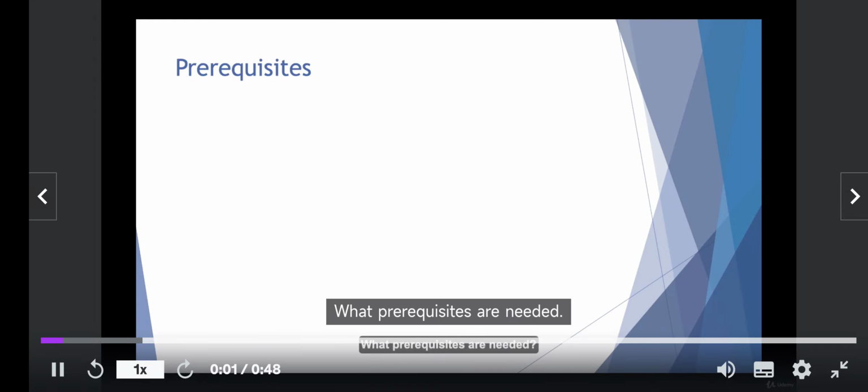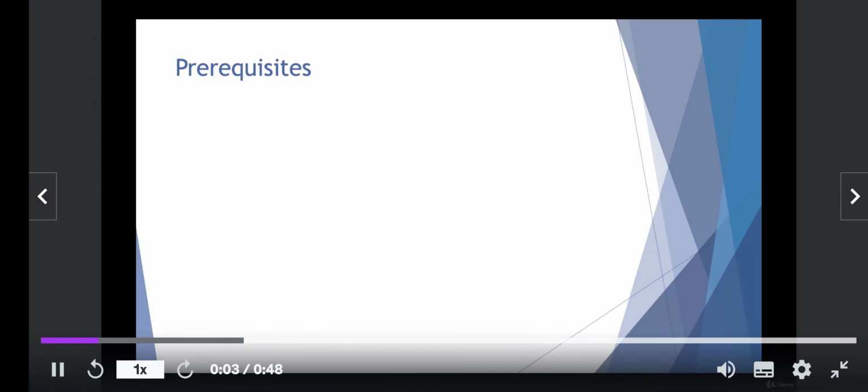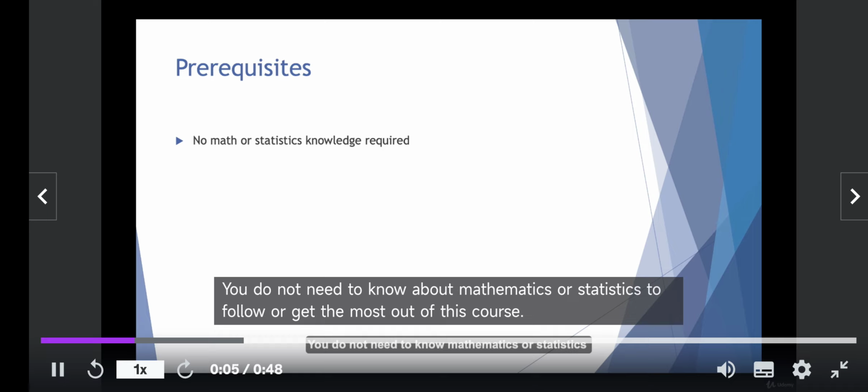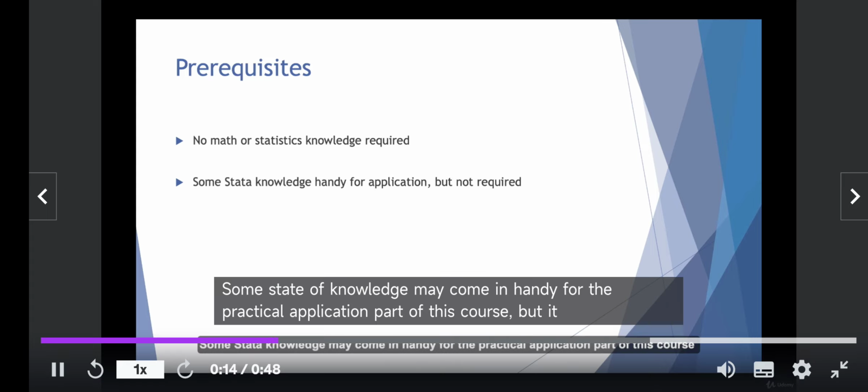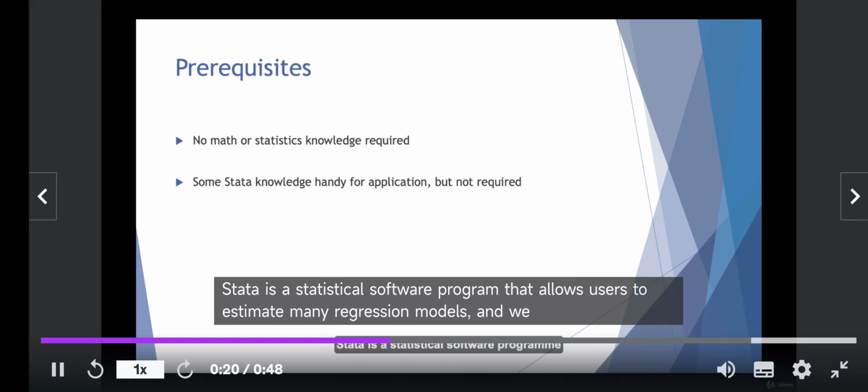What prerequisites are needed? You do not need to know about mathematics or statistics to follow or get the most out of this course. Curiosity is all that is needed. Some data knowledge may come in handy for the practical application part of this course, but it is not required. Stata is a statistical software program that allows users to estimate many regression models.